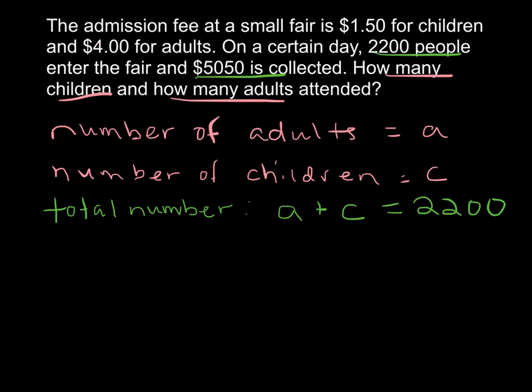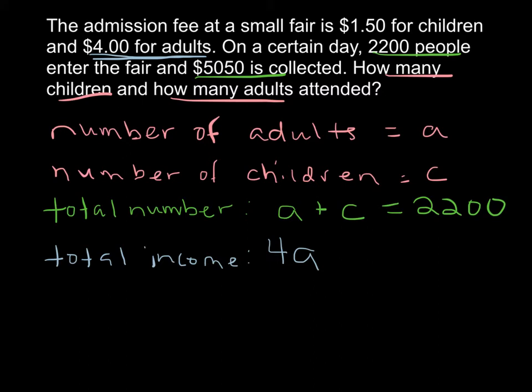So if we have $4 per adult, then for our total income we have 4A, because $4 per adult. So say we have one adult come, you only make $4, right? Two adults, 4 times 2 is 8. So that's where that comes from.